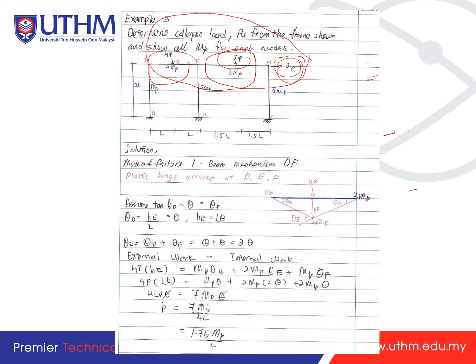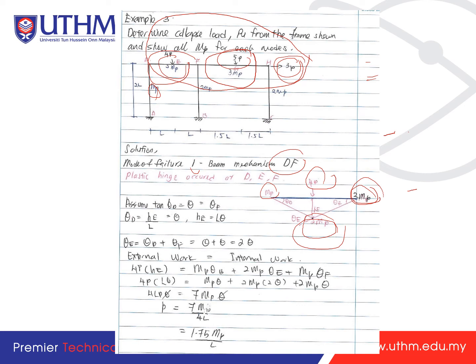So let's look at the mode of failure 1, okay, which is caused by the beam DF. So you have 4P applied here. So you have MP here, 2 MP here, and this is MP, okay. So here is MP, okay, and then here you have 2 MP. That's why here is 2 MP and here is 2 MP.